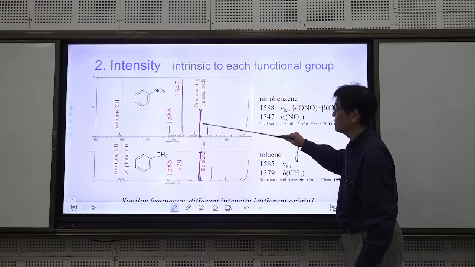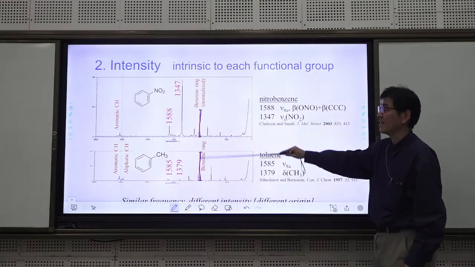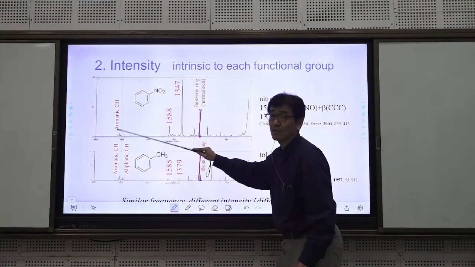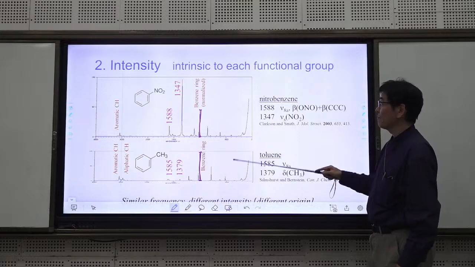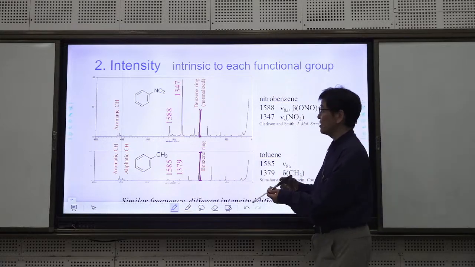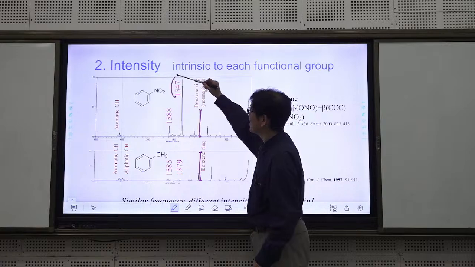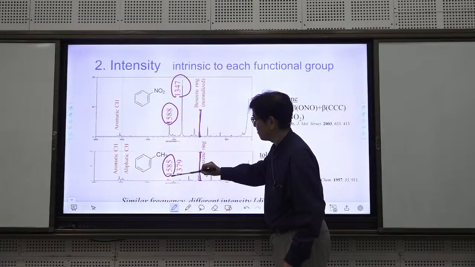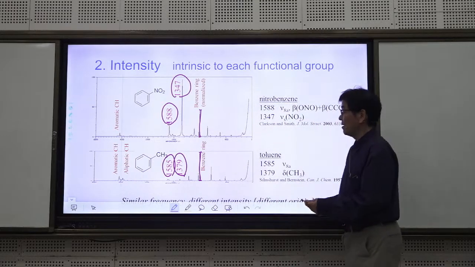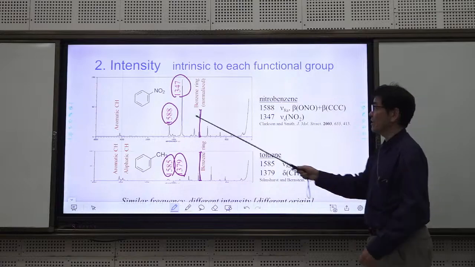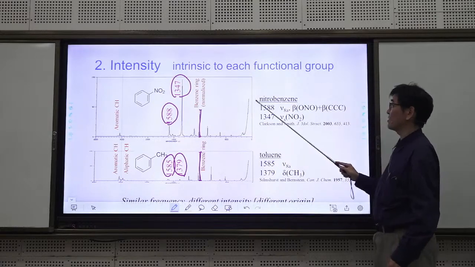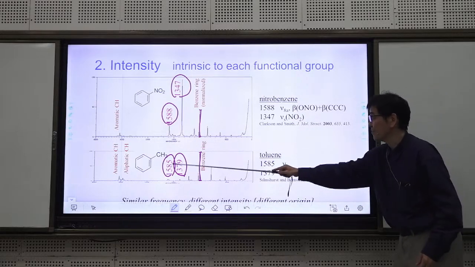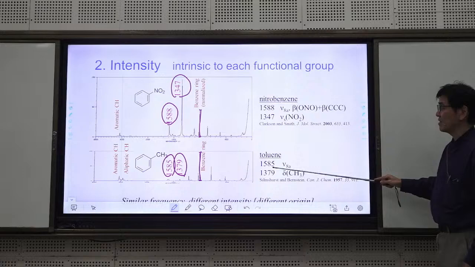Okay? So we can compare the intensity directly. Then intensity of the aromatic CH seems to be comparable. The largest difference is in this peak. In the case of nitrobenzene, the peak appears at 1588 and 1347. In the case of toluene, 1585 and 1379.